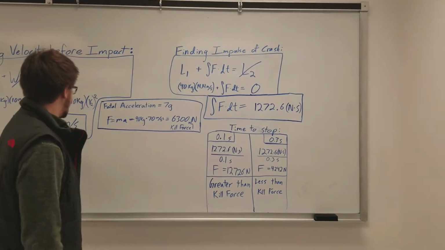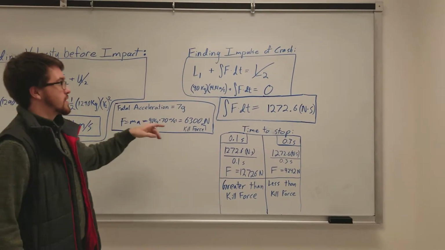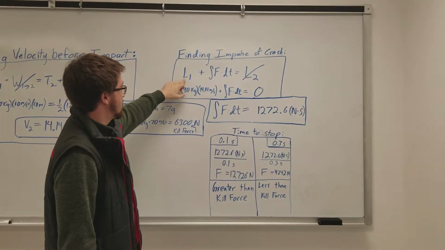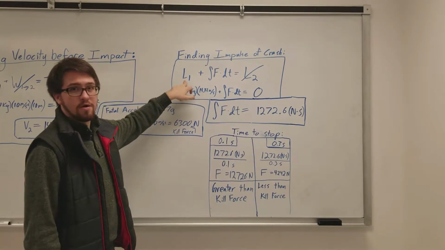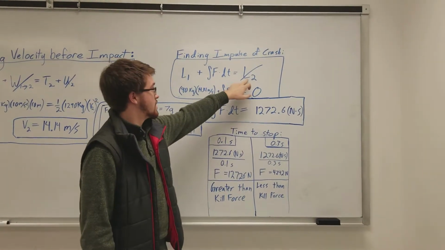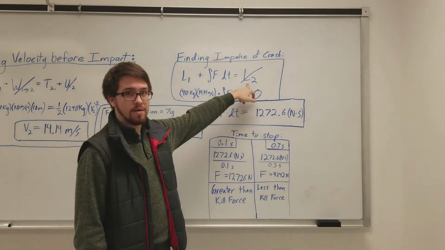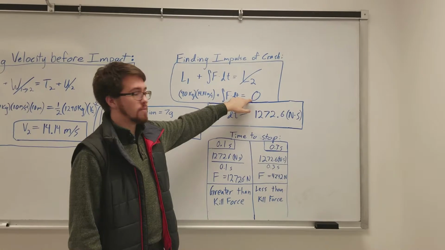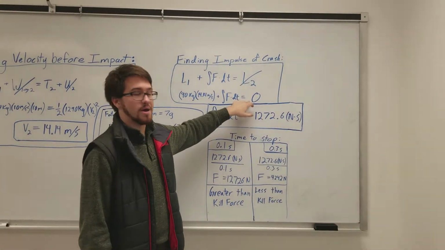Once we found the final velocity just before impact, we use the linear momentum or impulse equation, which has the impulse of the person, their mass times their velocity just before impact, plus the impulse as they impact, equal to the final momentum, which in this case is going to be 0 since the velocity is 0 at the end of the impact.